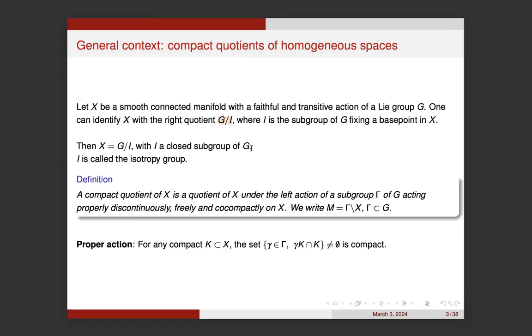It is a closed subgroup of J. So this is what I mean by a homogeneous space of a Lie group J.